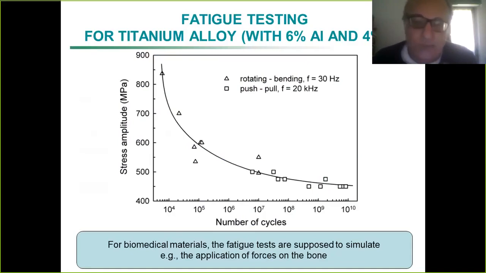They tend to simulate these force applications, which is already a problem because they are not exactly push and pull or rotating and bending. They are something which looks like.